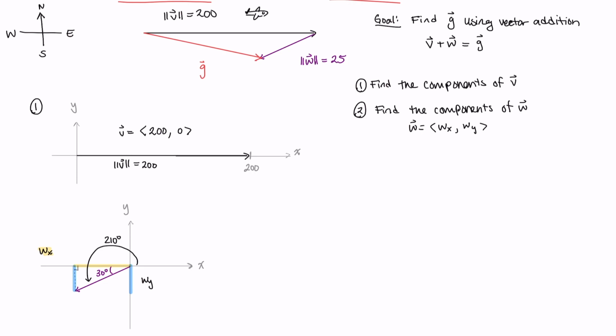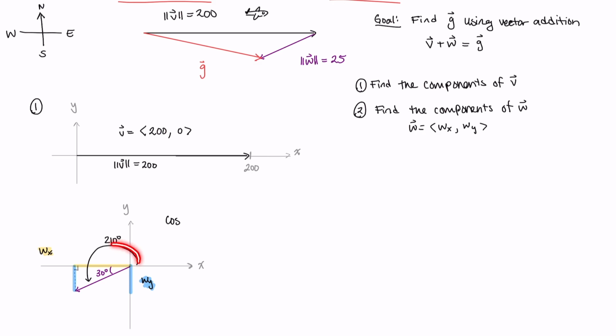Let's think about how to find the x component. We're going to need trigonometry. This side here is adjacent to my angle. So I know that cosine, now which angle should I use, 30 or 210 degrees?